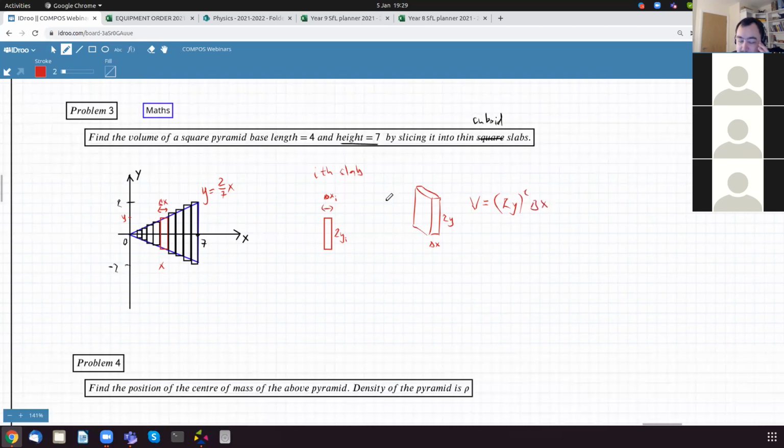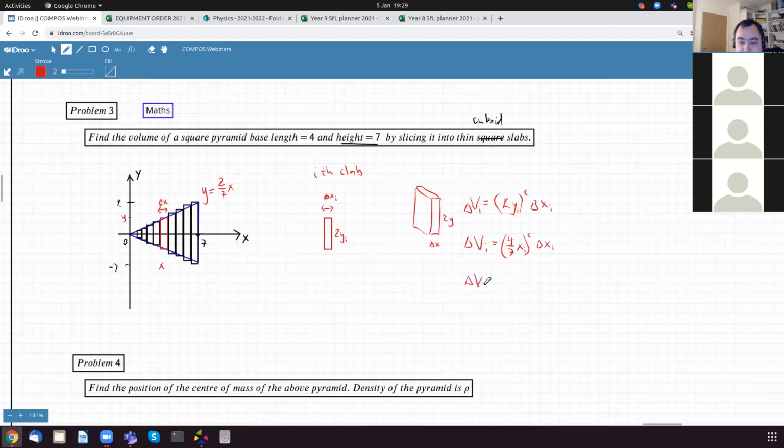Well, it's part of the pyramid, so it's delta V. Delta Vi is the volume of the ith slab. And we're going to simplify this. Delta Vi equals (2y) squared, so it's going to be (4/7 x) squared delta x, xi, of course, delta xi.